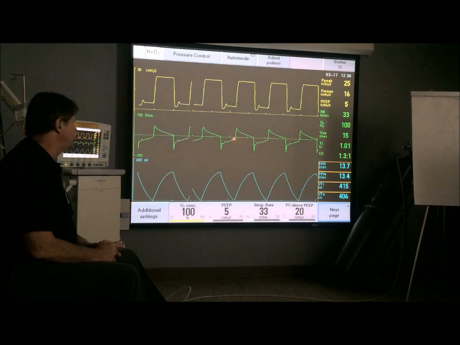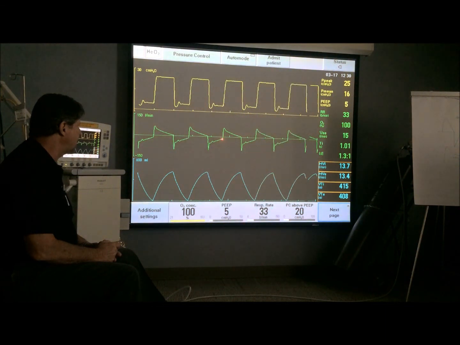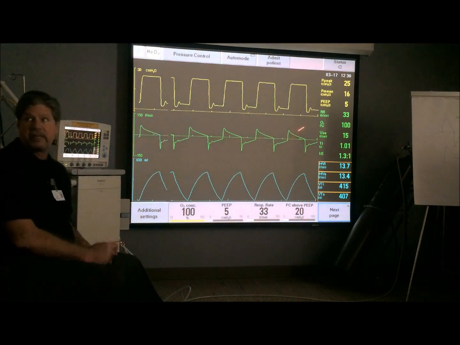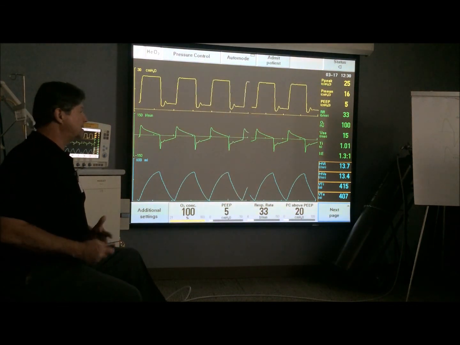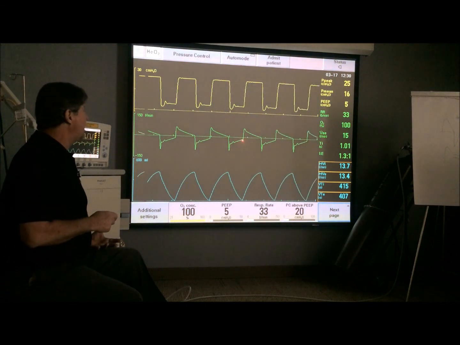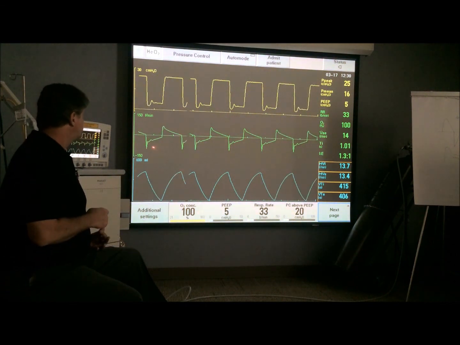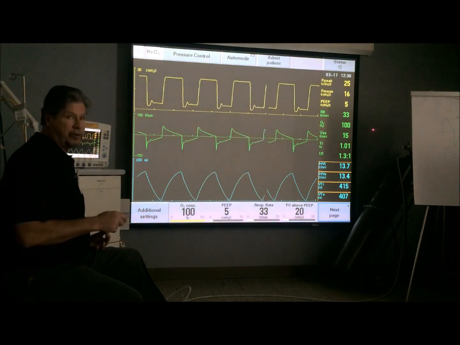So what the ventilator is doing is measuring the flow right at this point, right where the red dot is. It's how much flow is still coming out, and at that point there's still 15 liters per minute of flow coming out. That being the case, I can say that I have inadvertent PEEP because this flow is still coming out, but I've delivered another breath. So if you ever see the flow not coming back to baseline, you know you have inadvertent PEEP.